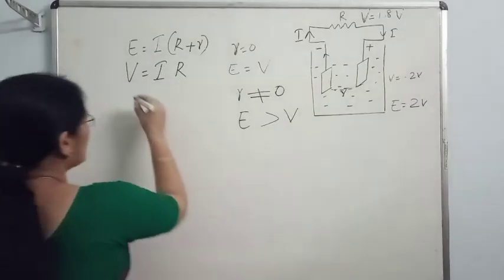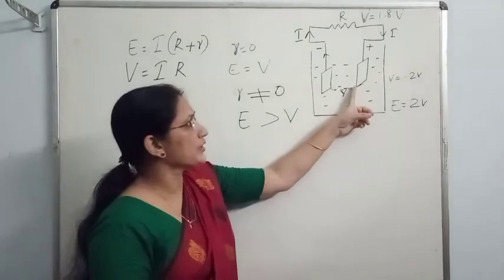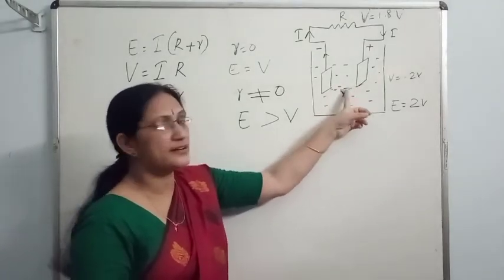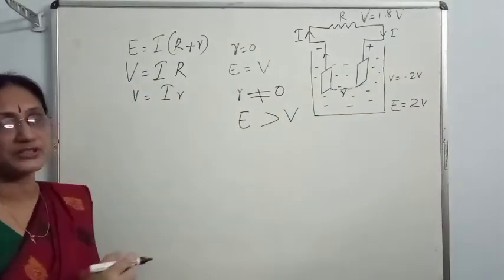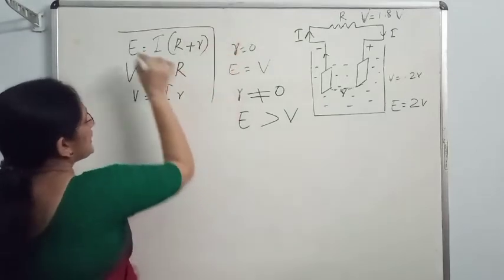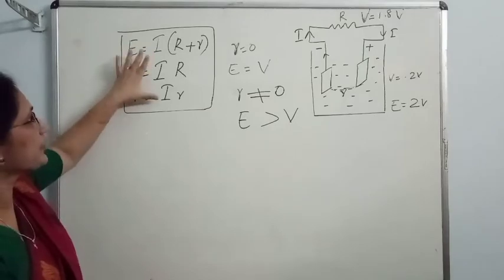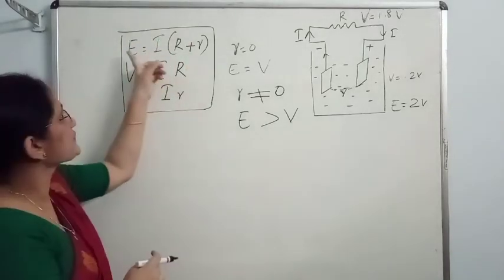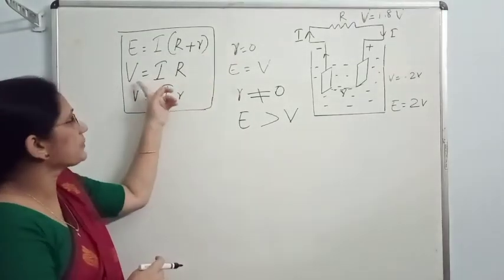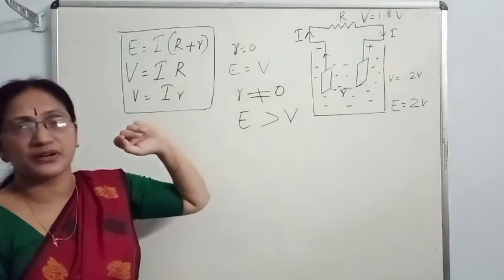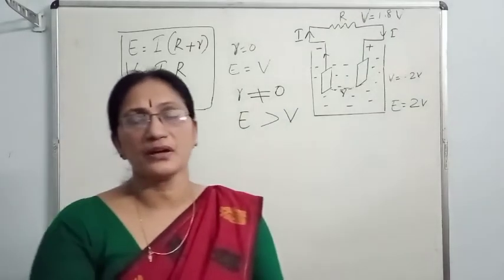Drop in potential, small letter v, is I into small letter r, since the current flowing through the internal resistance is I only. You have to learn these three equations. All three are potential differences, so they can be written as current into resistance. For EMF, total resistance R plus r is considered. For terminal voltage, only external resistance is considered. For drop in potential, only internal resistance is considered.